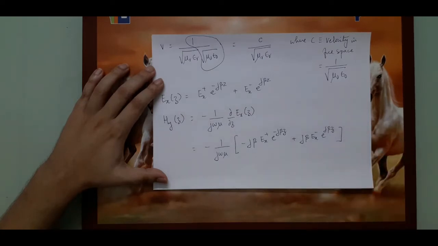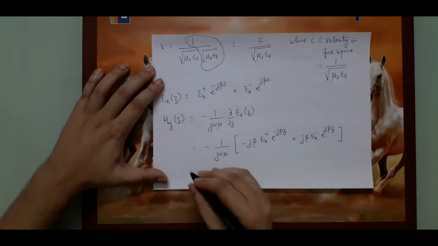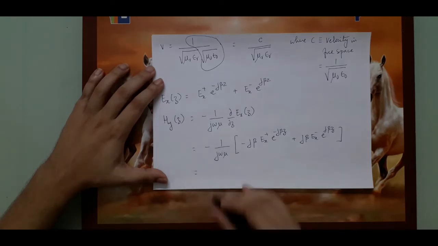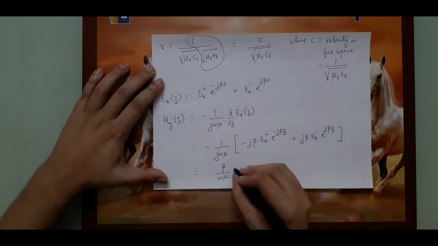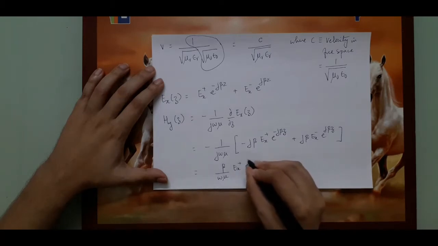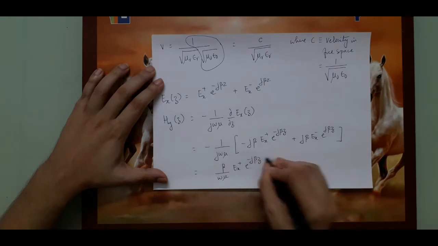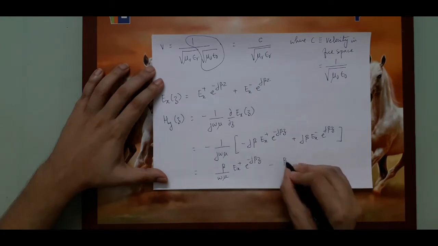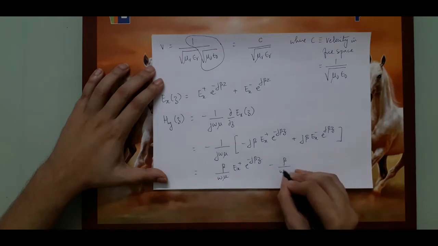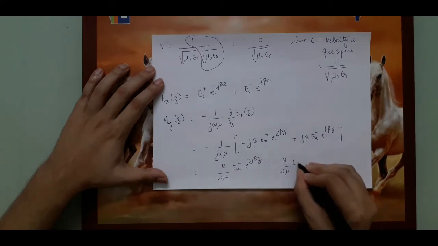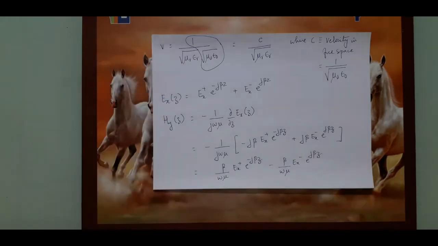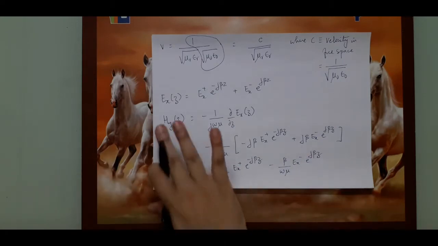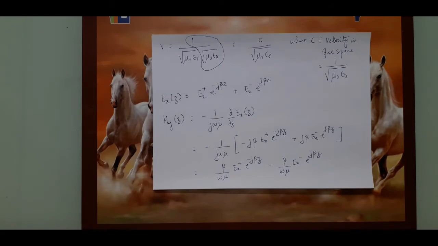So once I open the bracket, the j and j term will get cancelled out, and what I will get is nothing but beta by omega mu Ex plus e raised to minus j beta z minus beta by omega mu Ex minus e raised to j beta z. So this is what the magnetic field intensity looks like.